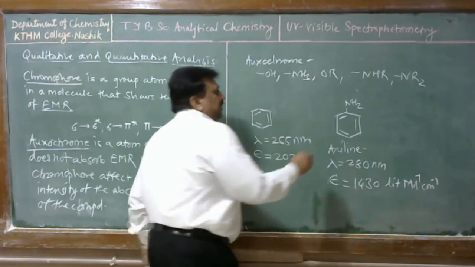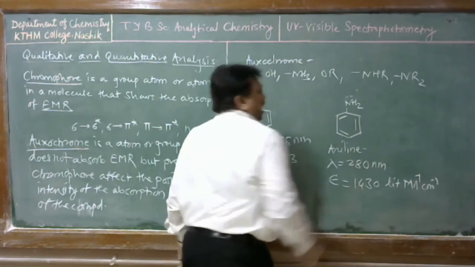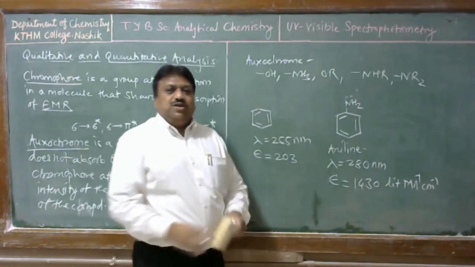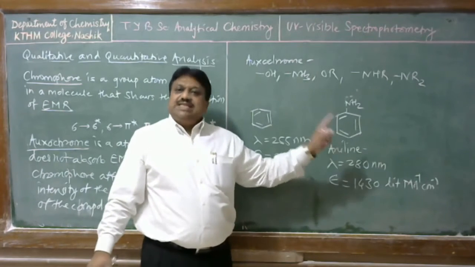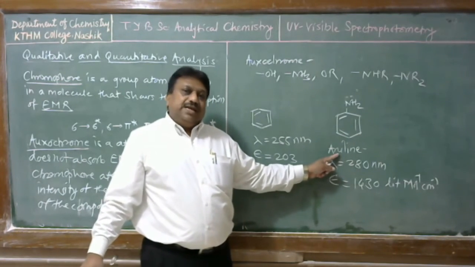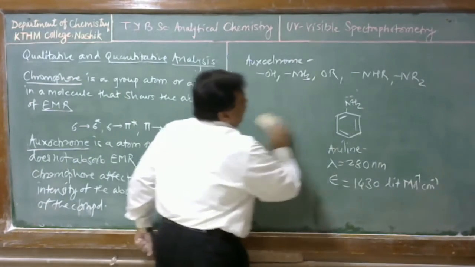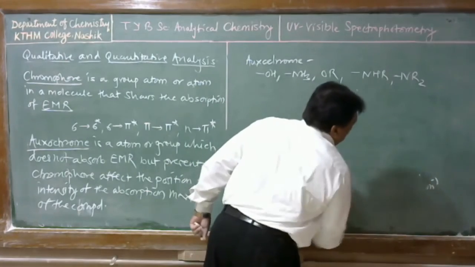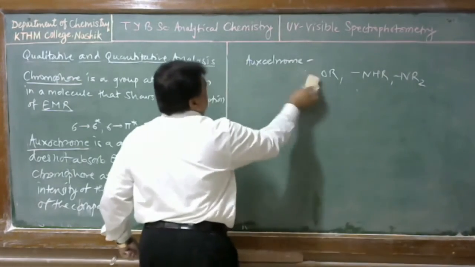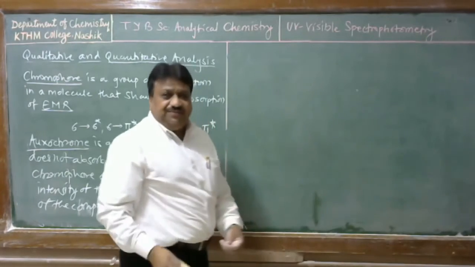Why does this happen? Because the nitrogen has a lone pair of electrons, and because of the lone pair, conjugation in the molecule increases, and therefore absorption maxima take place at a longer wavelength. The position and intensity of absorption maxima of a chromophore are changed because of the presence of an oxochrome, and that gives different effects.